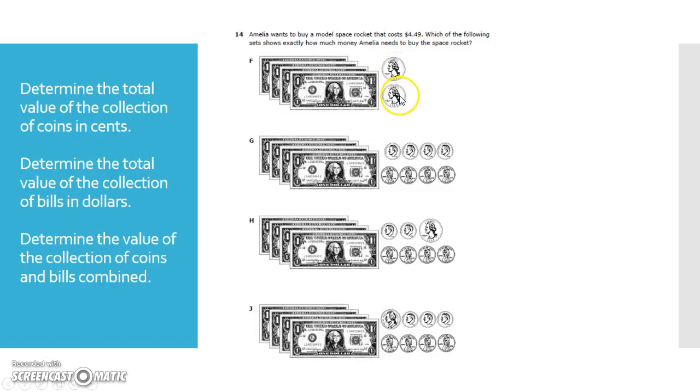I know that 2 quarters makes 50 cents, and I have $4, so that's $4.50. This is not $4.49. Take time now to determine the value of each set of coins and dollars and bills, and which set shows $4.49. Then mark your answer independently.